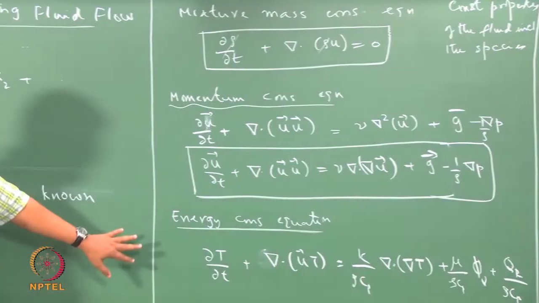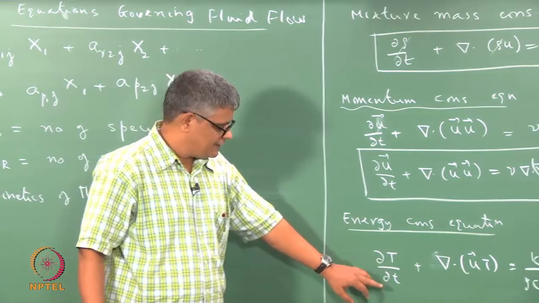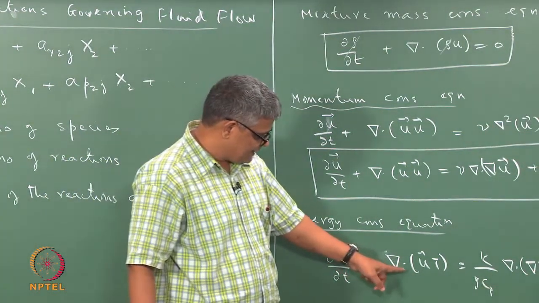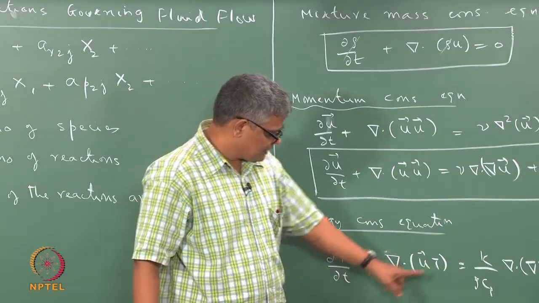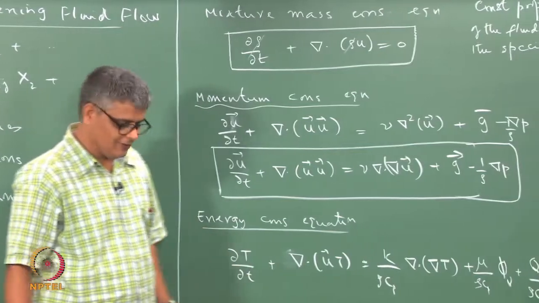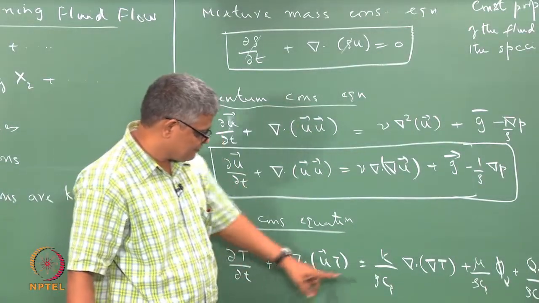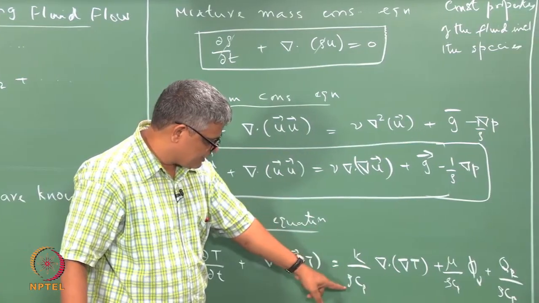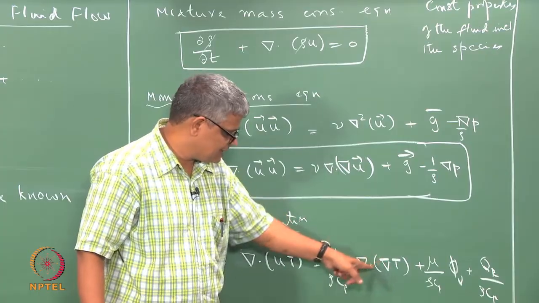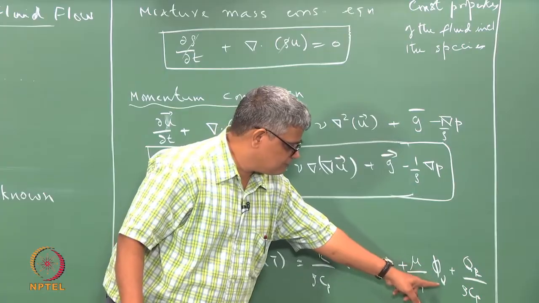Okay, here we have more terms. We have dou T by dou t, where capital T is the temperature, plus del dot uT, and T is of course a scalar, whereas u is the vector here, and del is also the gradient operator, and it is a vector, and that is equal to k by rho Cp times del dot del T. We have just put del square T as del dot del T, plus mu by rho Cp times phi v.